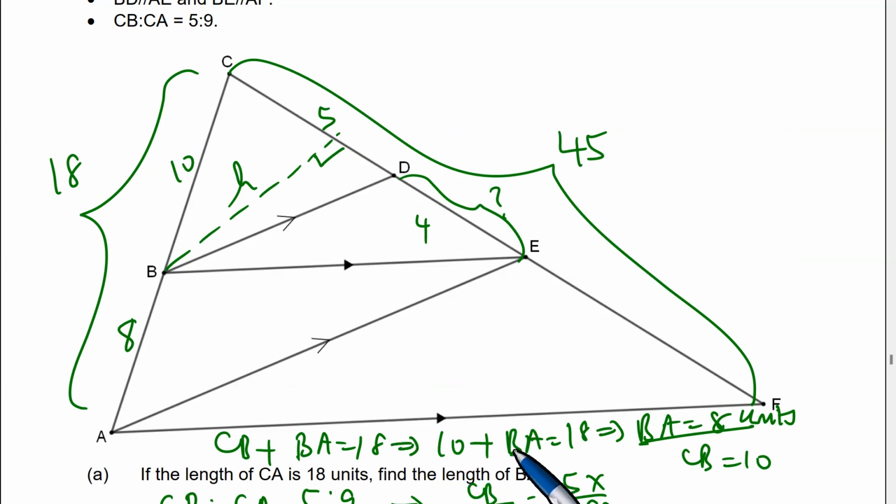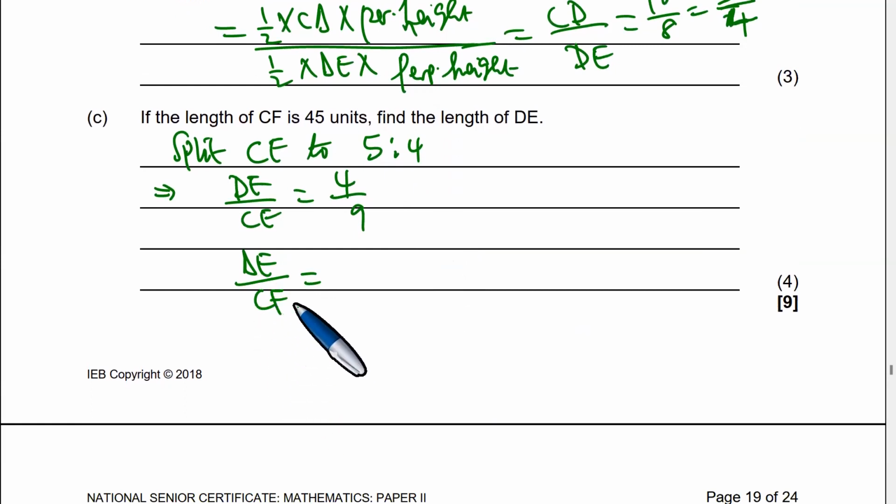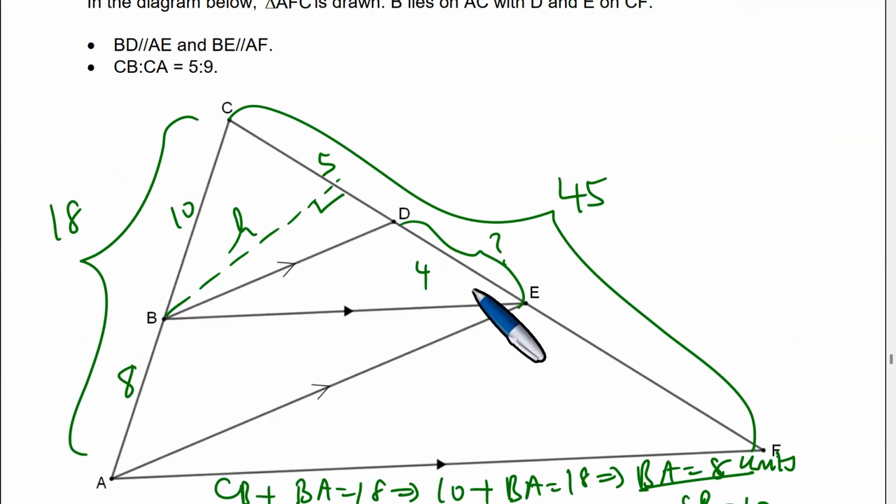Let's just spend some time to do the ratio of DE to CF. You can see that this one is 4, and CF is associated with 45. But there are a couple of things to consider at this point.